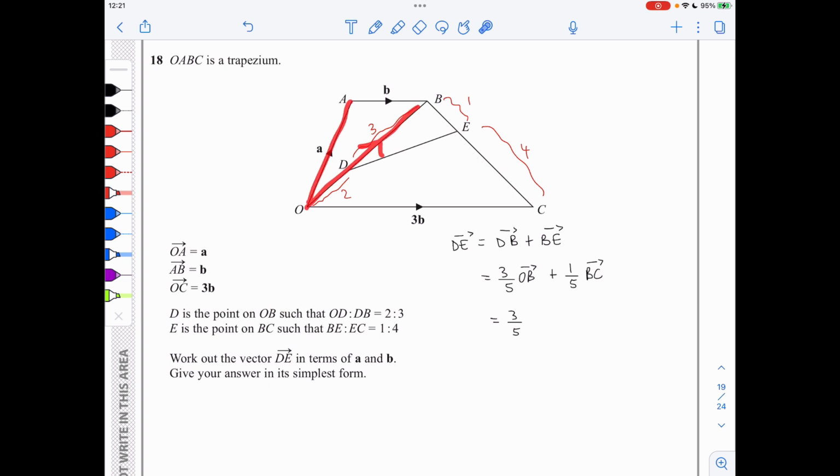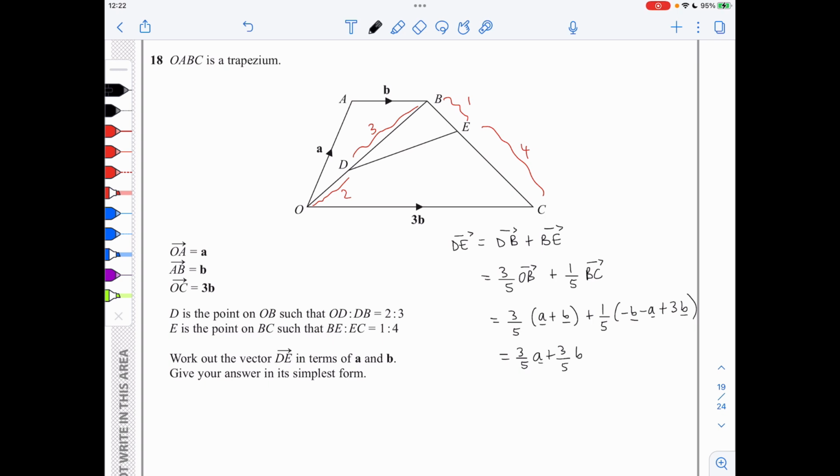Now OB, to go from O to B, we can go back to the diagram. OB is simply a plus b. So I start replacing the vectors with a and b. Going from B to C, it's minus b minus a, because I'm moving in the opposite direction, plus 3b. So it's going to be minus b minus a plus 3b. I expand the first bracket, it's 3/5 a plus 3/5 b.